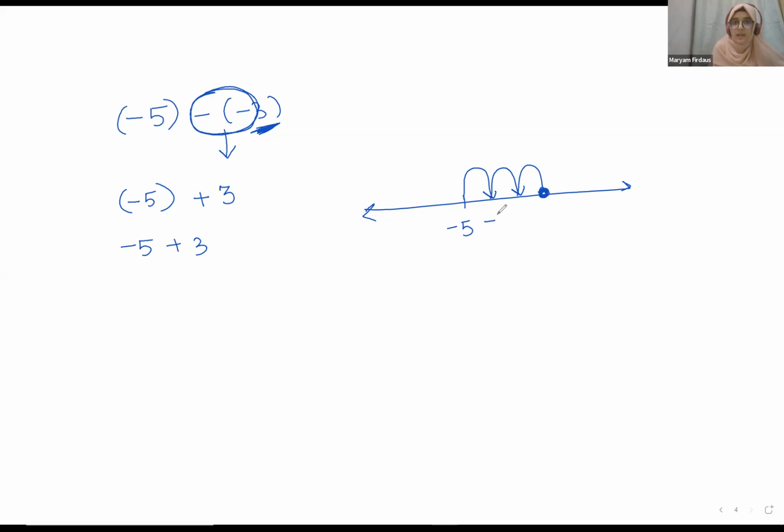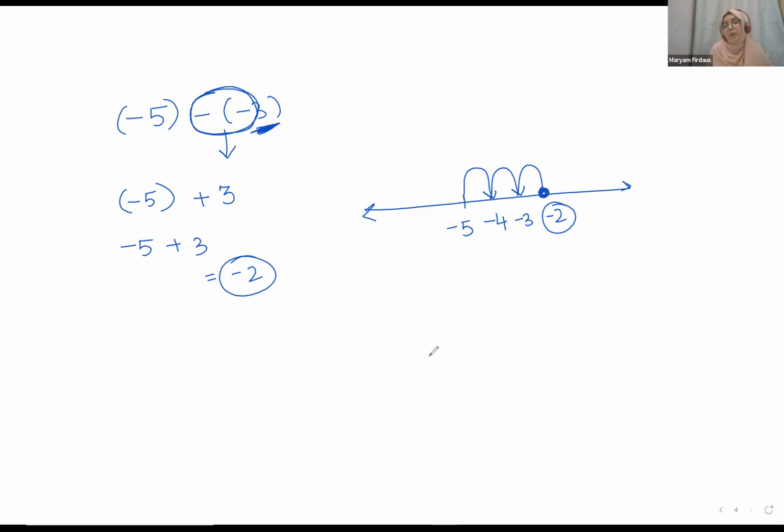So this is -4, -3, -2. I have reached -2. Is that okay? Yes. I understand now. Since it was only 3 spaces that you were moving to the right, you could easily do this on the number line.